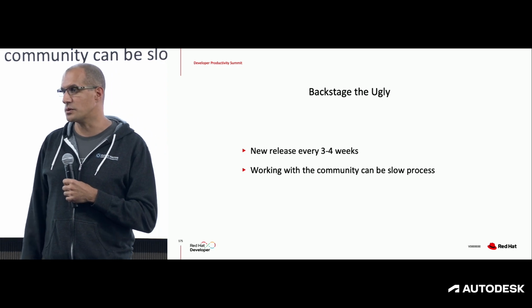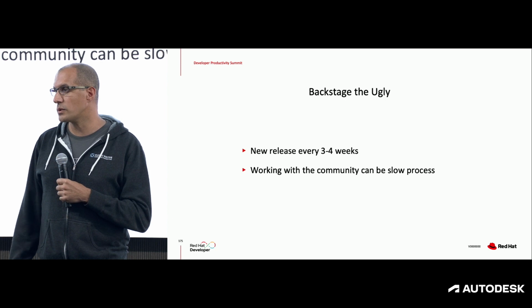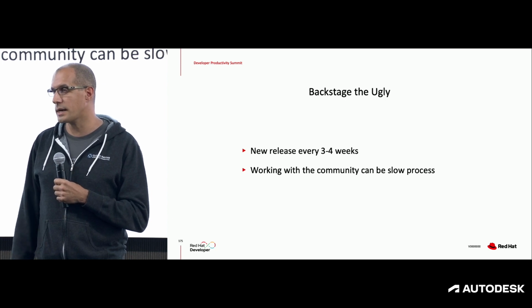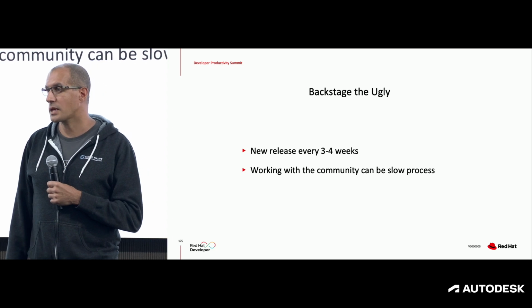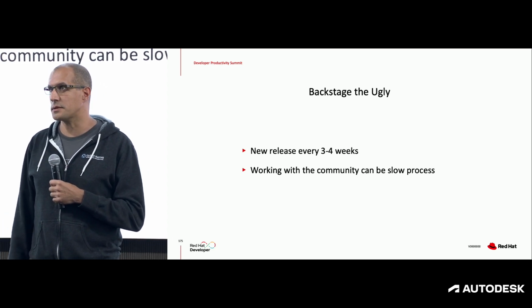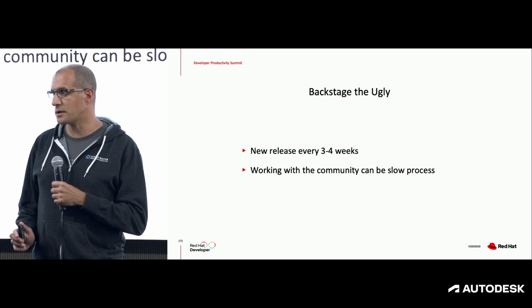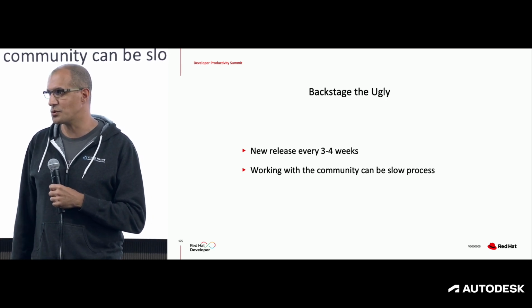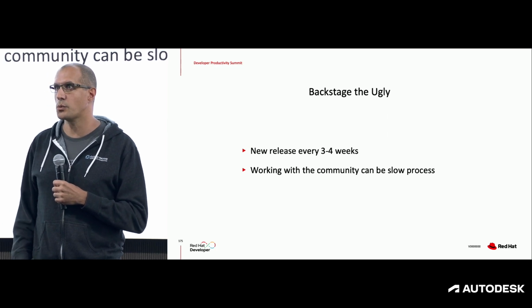Then that will be merged, and then you will have to wait for the next release. So if you really want to have something quick, that's not going to happen. This is a long process, and we are experiencing that. So you need an alternative approach for this. I'm not saying you have to bypass it. You have to continue to do that with upstream, but maybe you need something intermediate that you can move quicker.